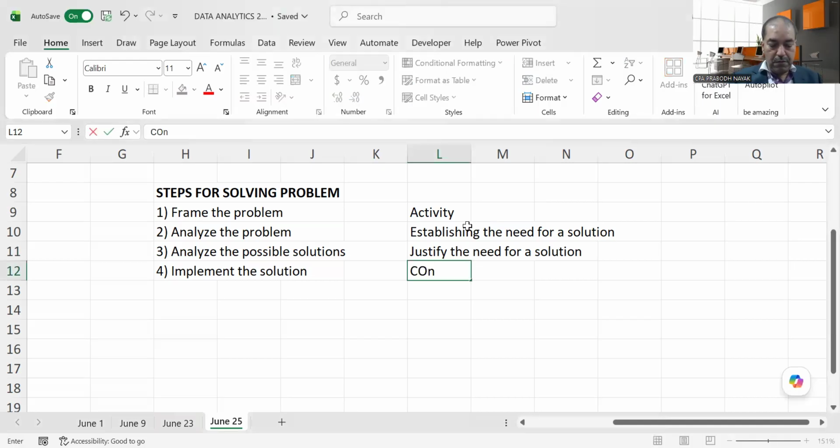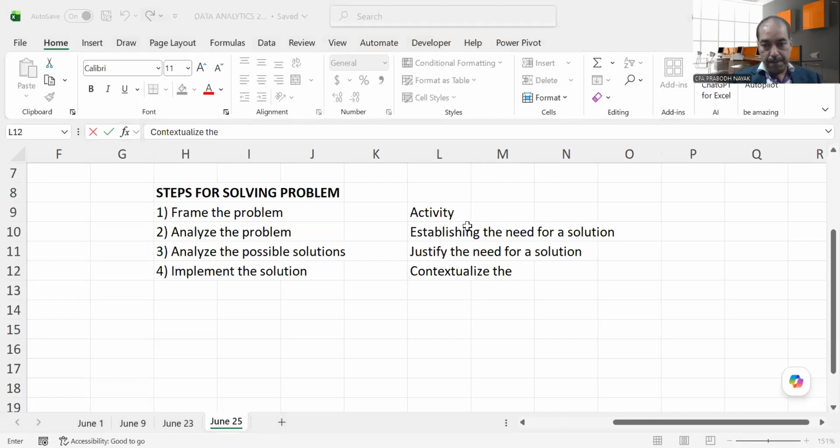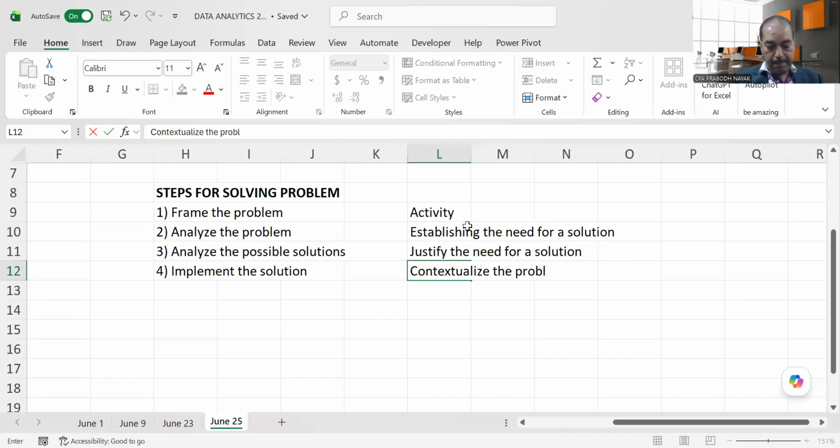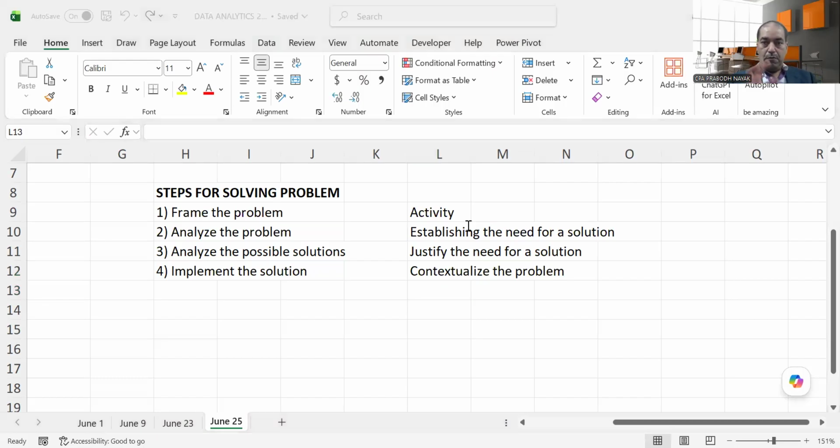Third one, contextualize the problem. Here, what we have to ask: what are the approaches or the strategies that we have tried to get a solution?